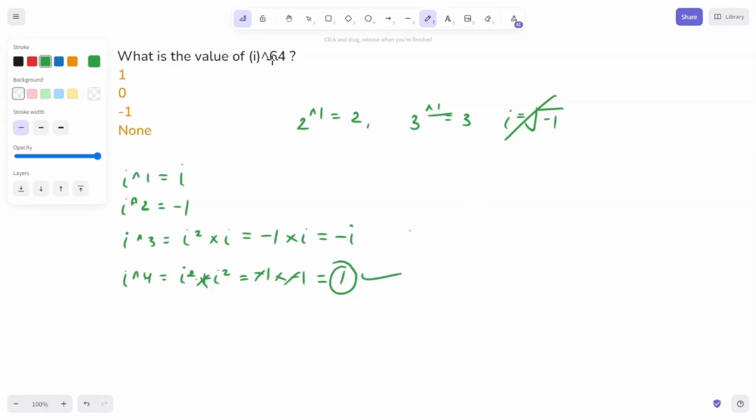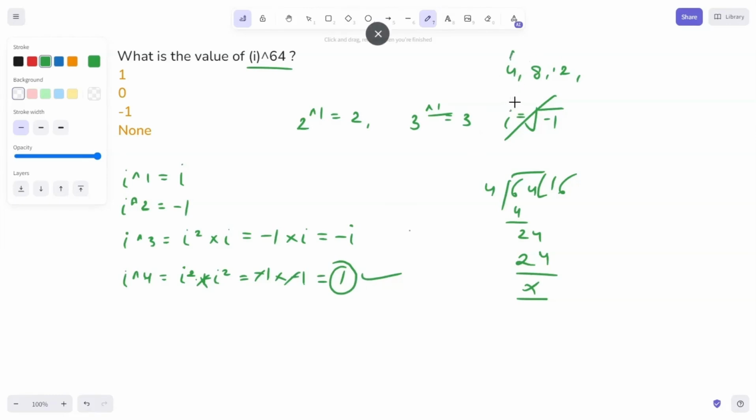If you carefully observe, 64 is a multiple of 4. If we divide by 4, it is completely divisible: 4, 8, 12 and so on.